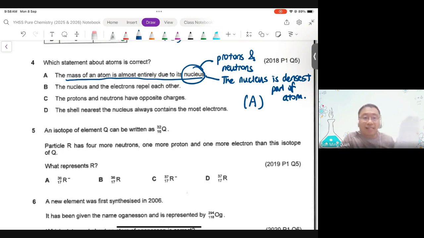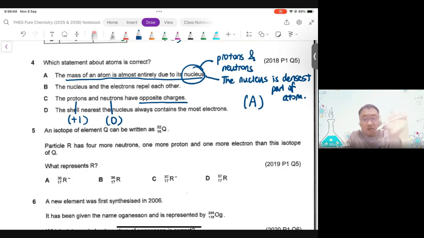Now, for those who chose C, you probably got confused because of the opposite charges. Protons have a charge of +1, neutrons have 0 charge. +1 and 0 are not considered opposites. Opposite charges means positive and negative. So the protons and neutrons are not considered opposite in charge. Opposite means one positive, one negative.